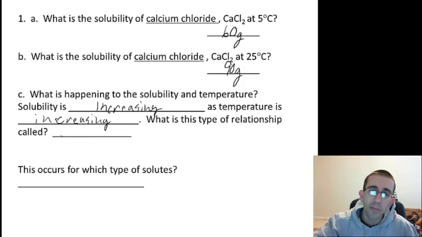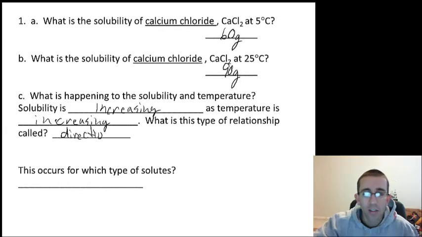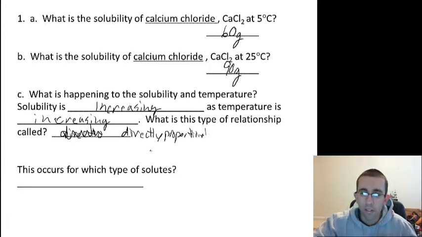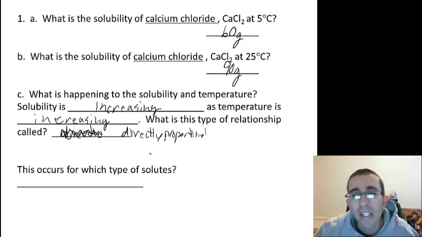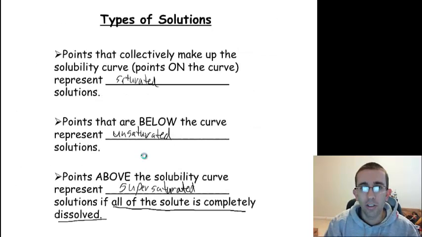What type of relationship is this? Well, this is a direct relationship, or directly proportional. If you haven't come across this term in math class, that means as one goes up, the other goes up. Let's go back to our curve.